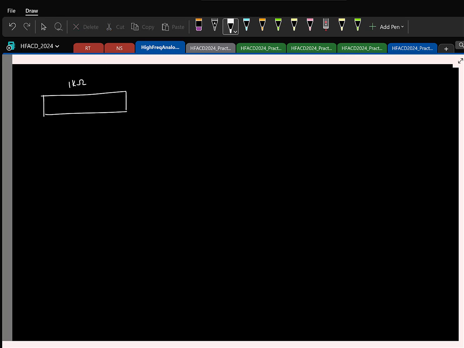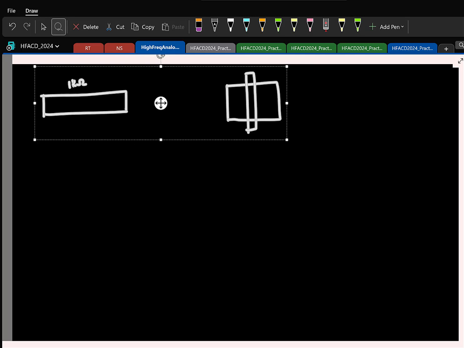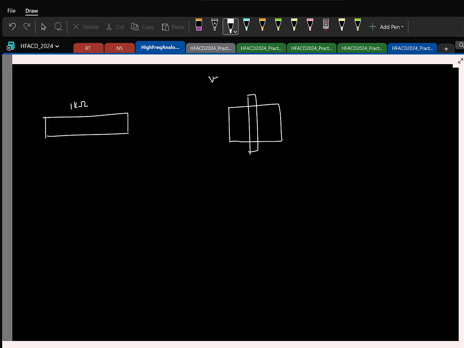Similarly, let us also consider a MOSFET in that chip, and let's say it has a nominal threshold voltage of 0.4 volts, and this mu n C ox W by L, let's call it beta, the current factor. And let's also consider a capacitor, which is nominally supposed to have a value of 100 femtofarad.